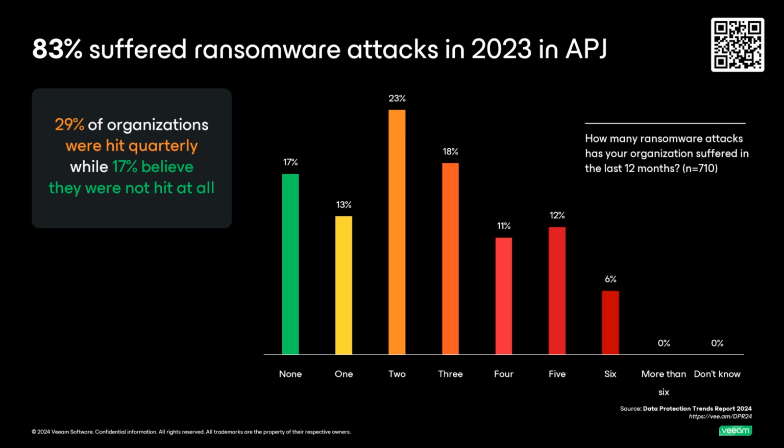And we see 29% of organizations will be hit quarterly, while only 17% of the customers that we polled believe they will not be hit at all. If you look at the charts, for most customers that have been hit by ransomware, the occurrence is about 2 to 4 times a year. And this is not all, right?